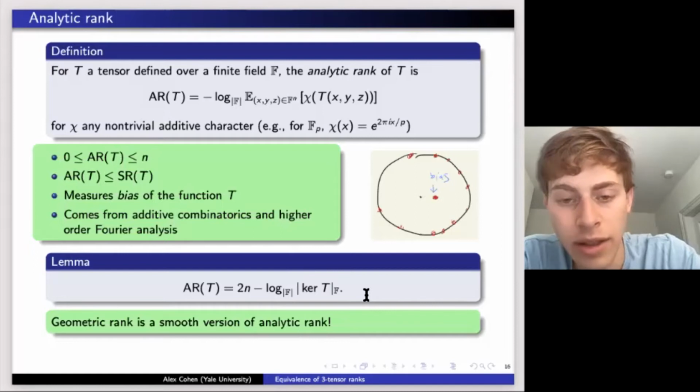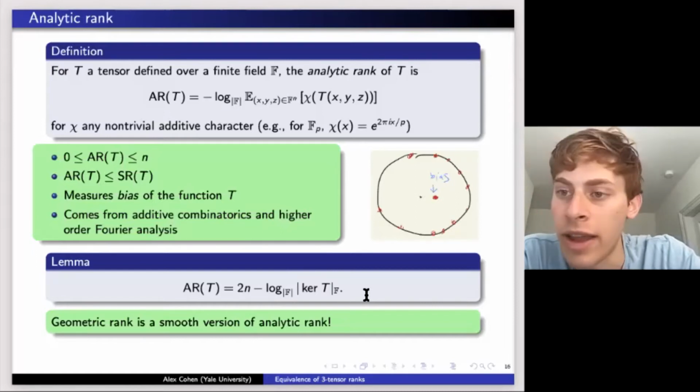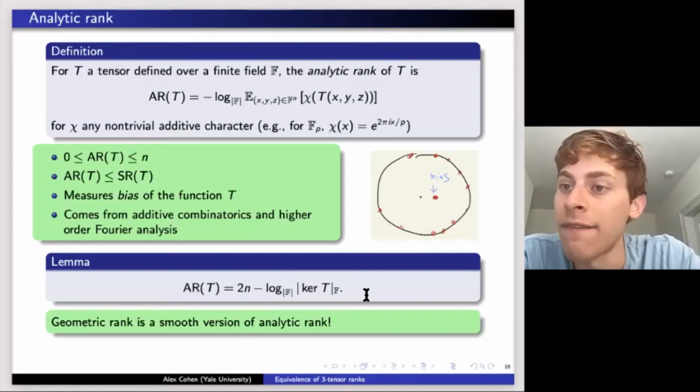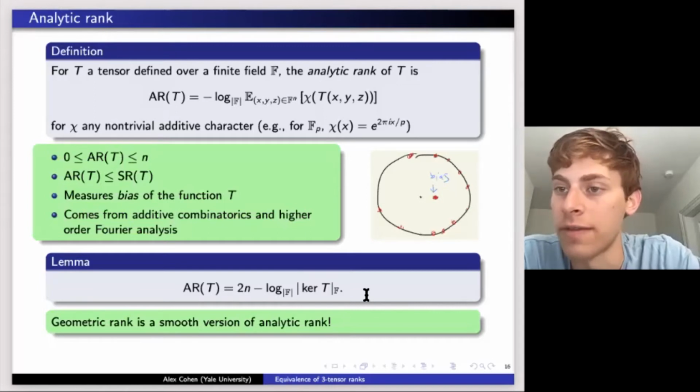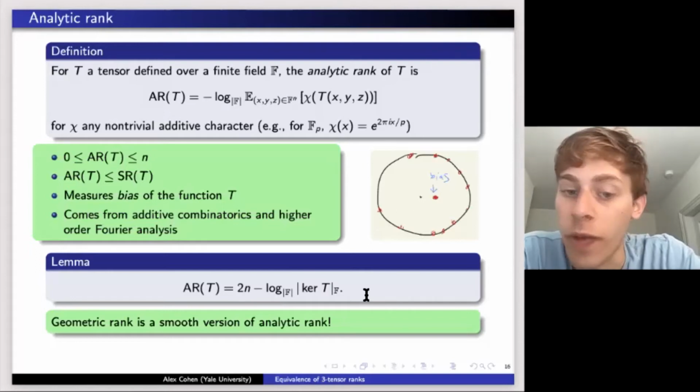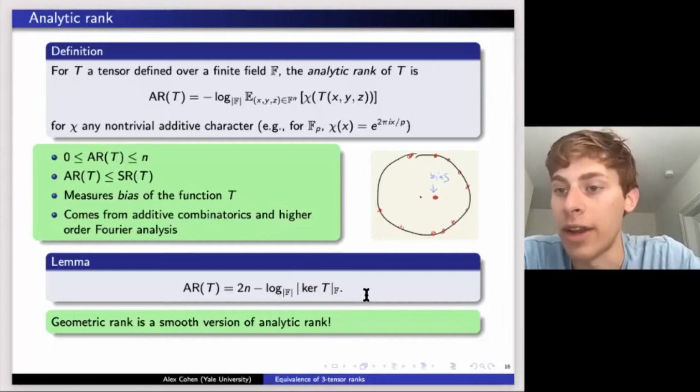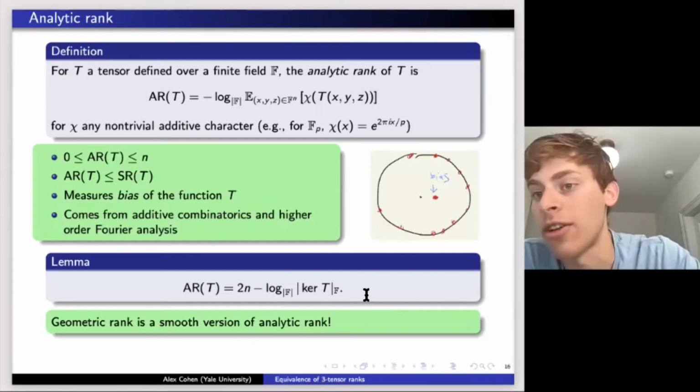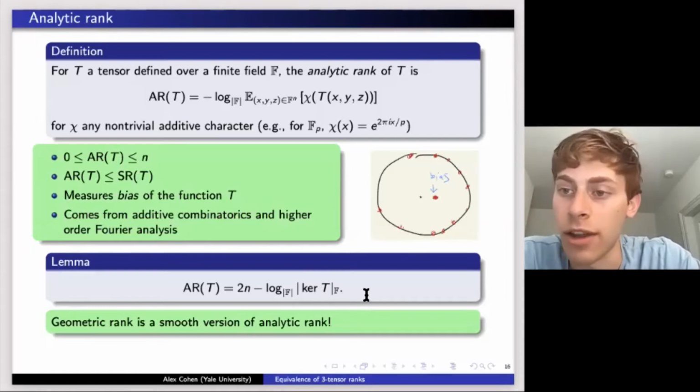Okay, so what that example illustrates is that analytic rank is like a finite field version of the codimension. This point counting is like a finite field version of taking the dimension. Exactly how that works is important, but in some way it's an analog of the codimension. In fact, historically, geometric rank was defined in order to be a smooth version of analytic rank. Analytic rank came first, and then geometric rank was defined afterwards as a smooth analog.